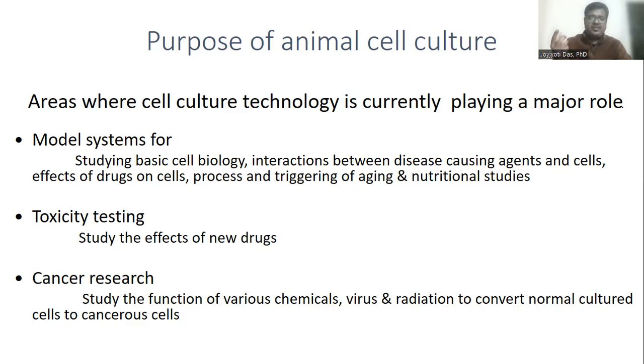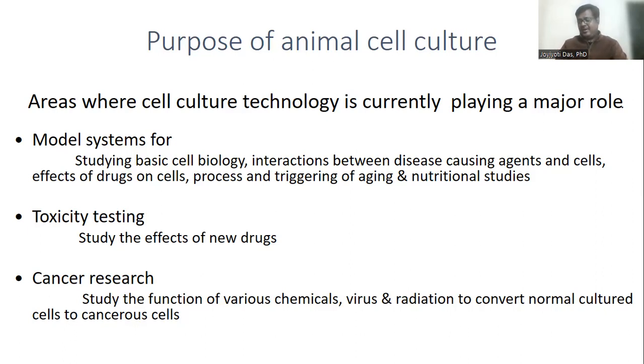So for testing that, you need to take primary liver cells, and you apply your anti-diabetic drug on them and see what changes it is exerting in those liver cells, because you are taking a drug to contain your diabetes, but in the process you're affecting your liver. That is not desired. That is not at all desirable. Okay. So for toxicity testing of drugs, your cells will again come in handy.